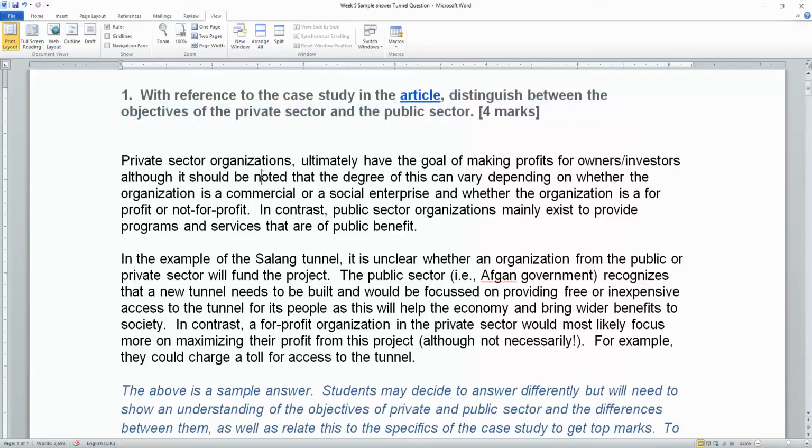So in my first paragraph, I've identified the main objective of private sector organisations, which is to make profits, which most of you identified.